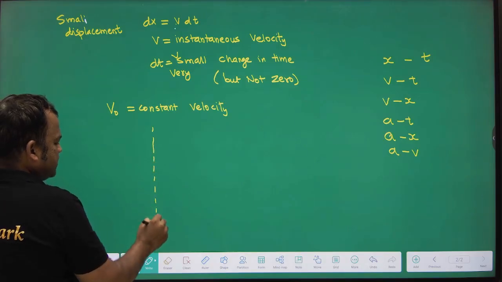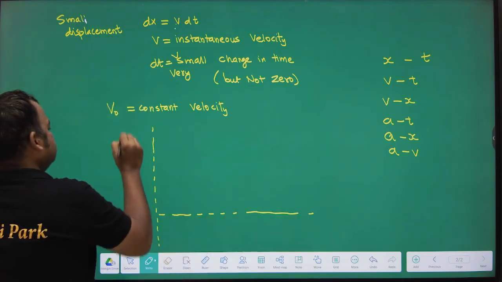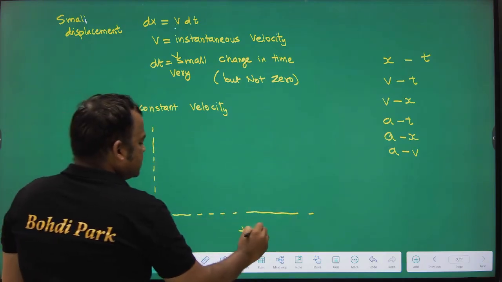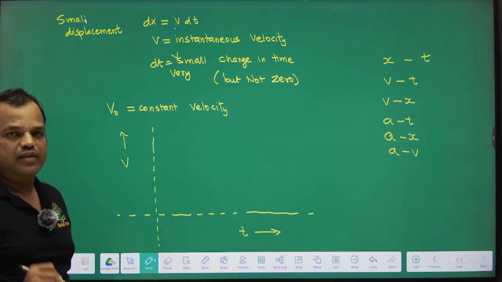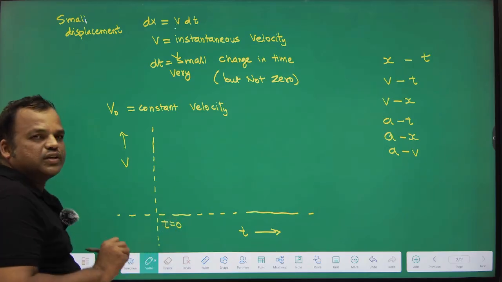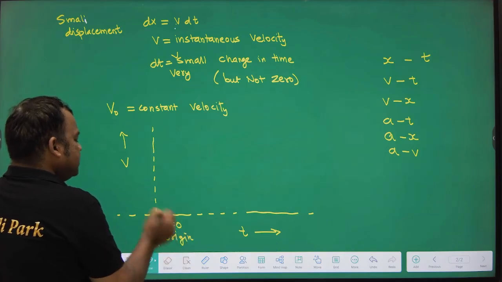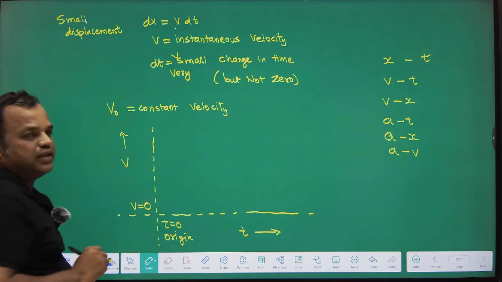The vertical axis represents velocity and the horizontal axis represents time. The intersection point is known as the origin. This origin has time t equal to 0 and velocity v equal to 0.